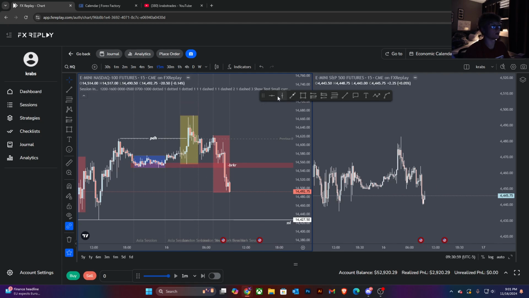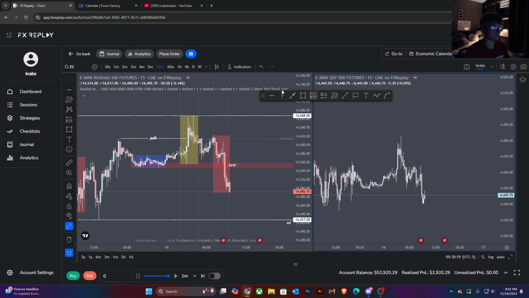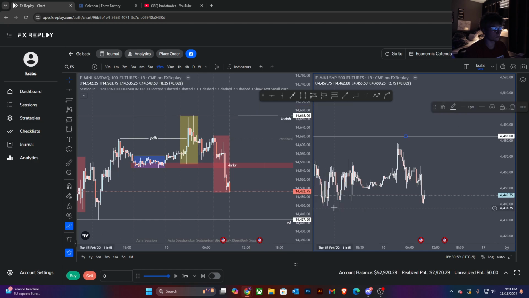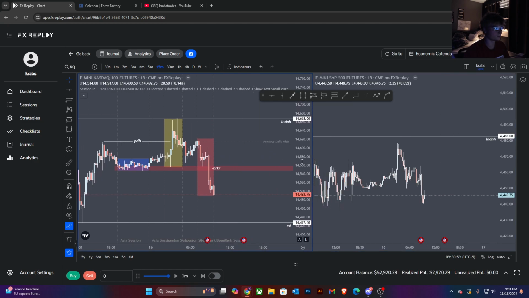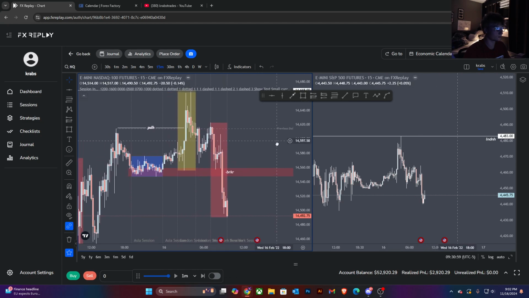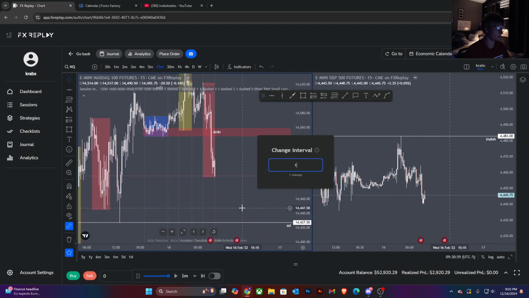London high still left. Could see the sell side here.